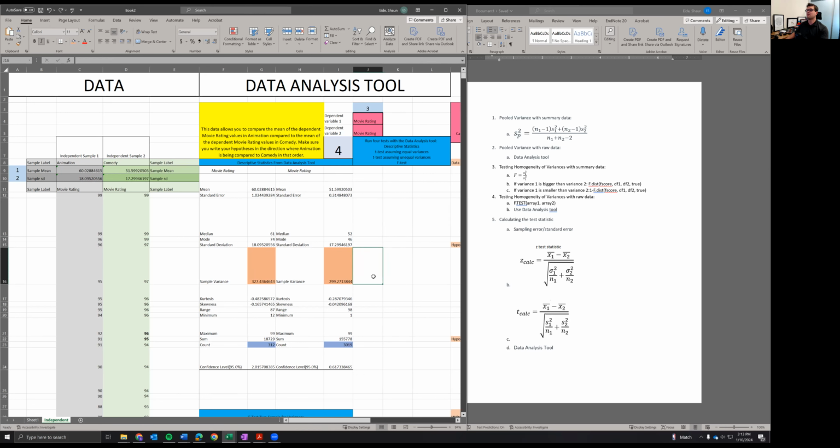And this is a little bit cumbersome, but we can go ahead and do this. We're going to do equals and put those parentheses in, and we're going to do n minus 1. In other words, we're doing the degrees of freedom for the first sample.